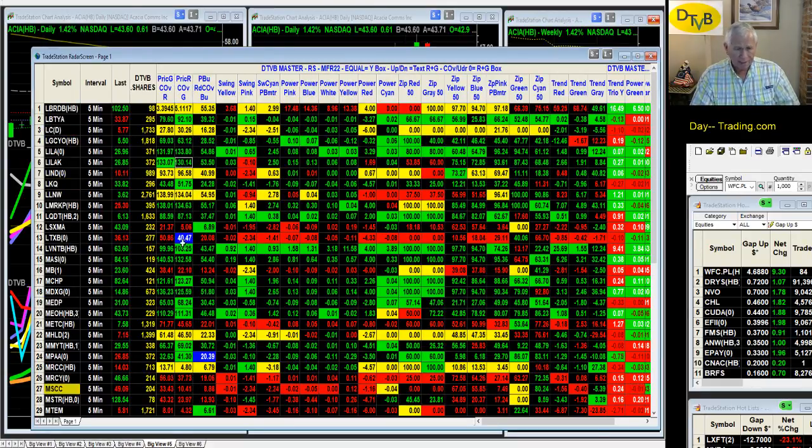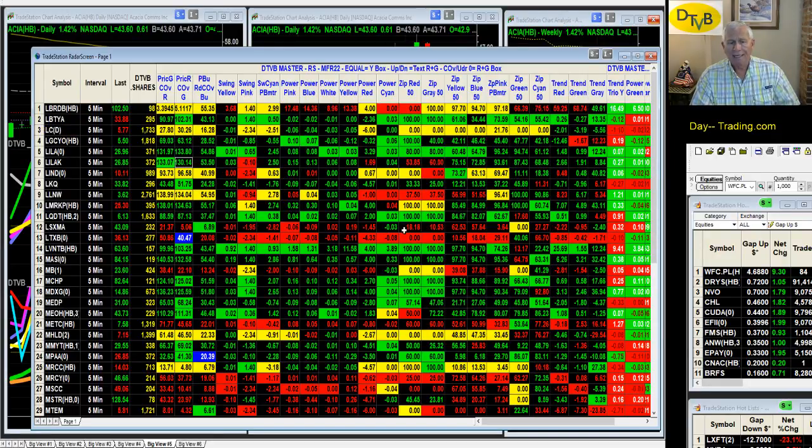And so we see a blue box. In the main part of the chart, we have the yellow box telling us that the indicators are equal.